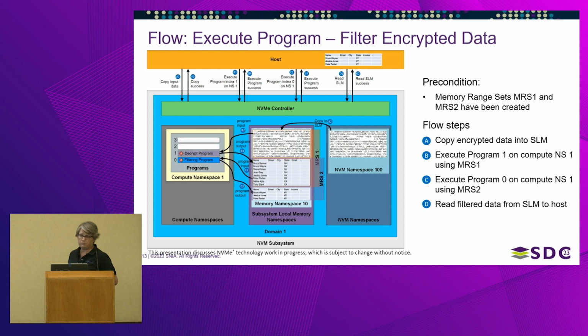On the left, there's a compute namespace. In the middle, there's an SLM memory namespace. And on the right, there's an NVMe namespace. So one of the preconditions for this is this example doesn't go into the creation of memory range. That has been done before this example.